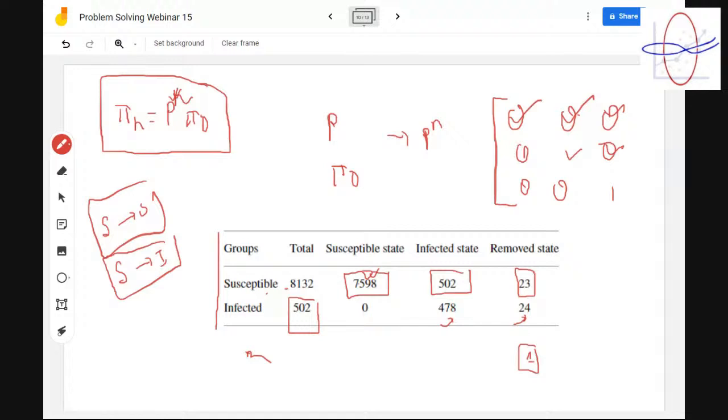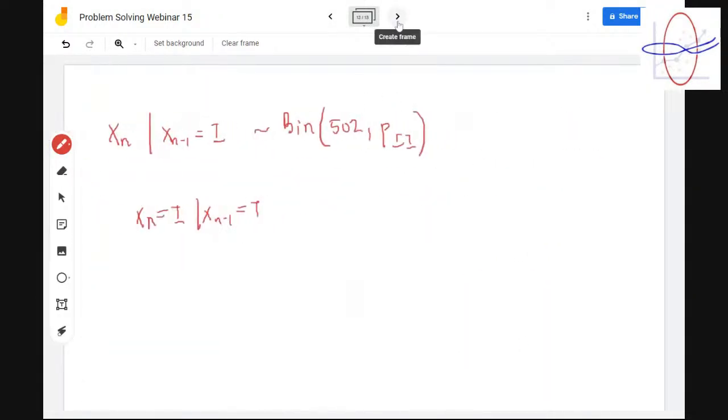Any doubts about why it's binomial? We're modeling it by binomial.